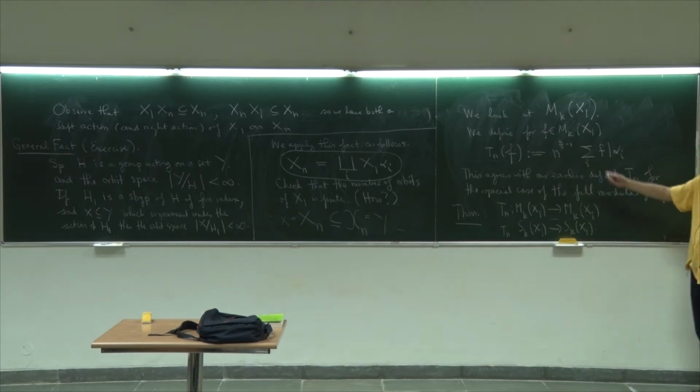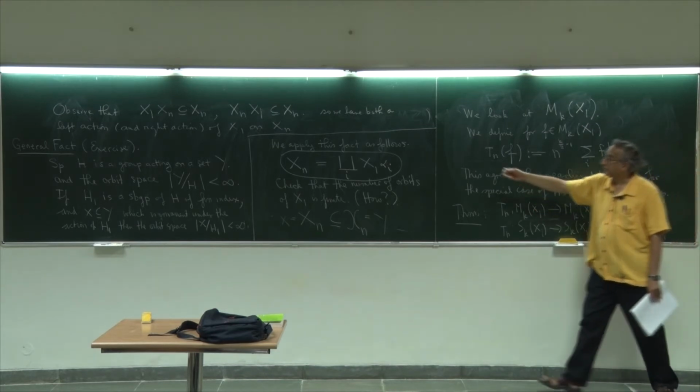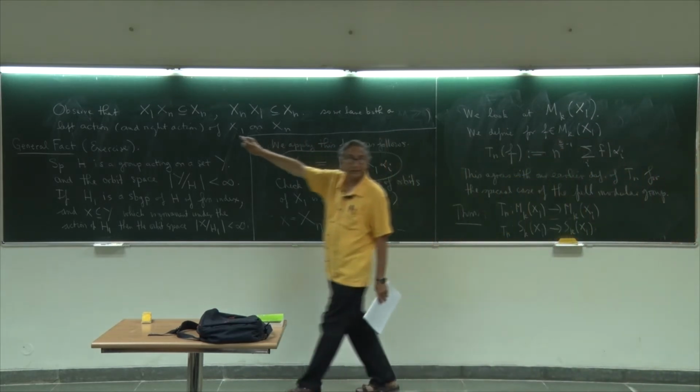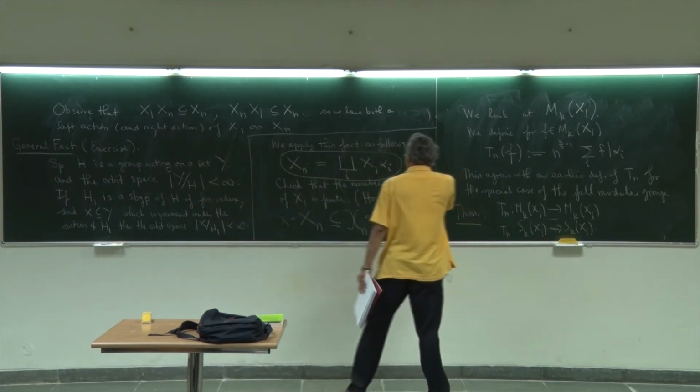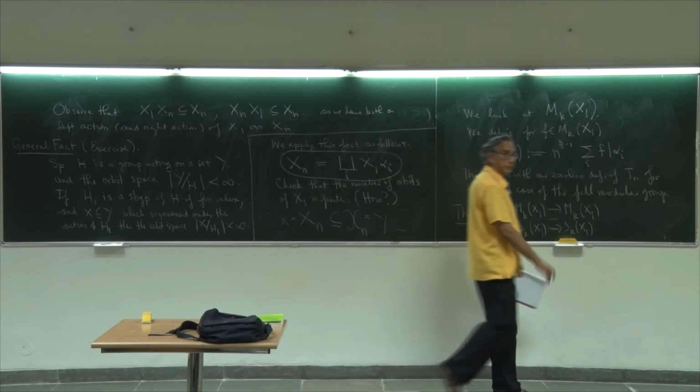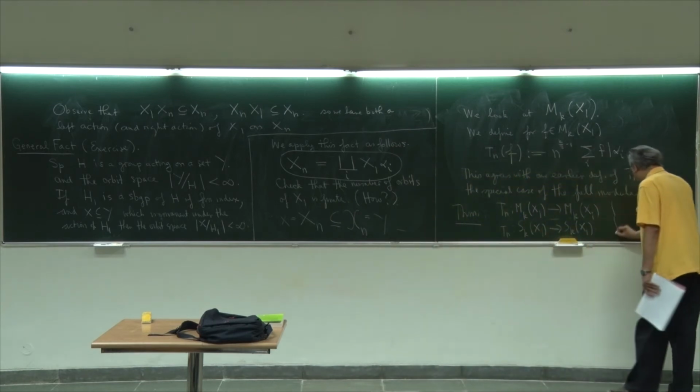And you now know how to prove these theorems. You want to slash this with an element in x1. You use the fact that x1 xn is contained in xn x1. You use this particular decomposition. You twiddle this around and you end up getting it. So these are basically now routine.